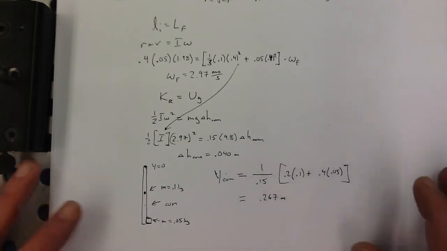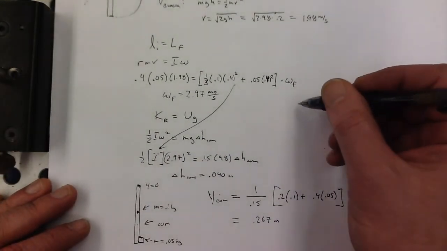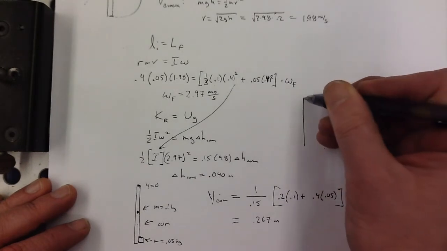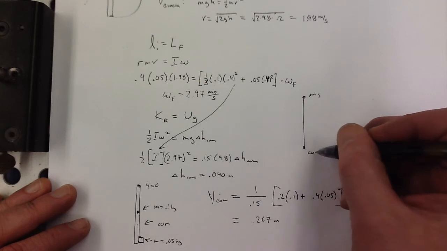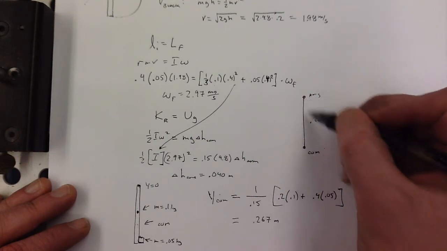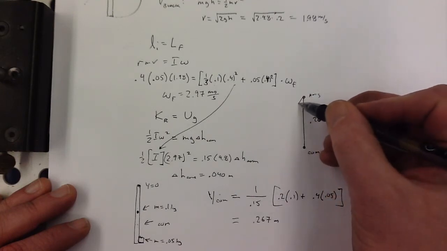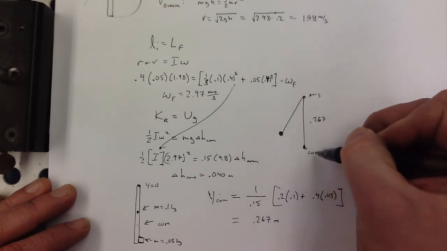Why do I need to know that? Because that's what's changing height. So the last thing I need to do is say, okay, if this is the axis, and this is the center of mass, this is 0.267, that's the length of that, and it's going to rotate like this. The thing that changes height is the center of mass.